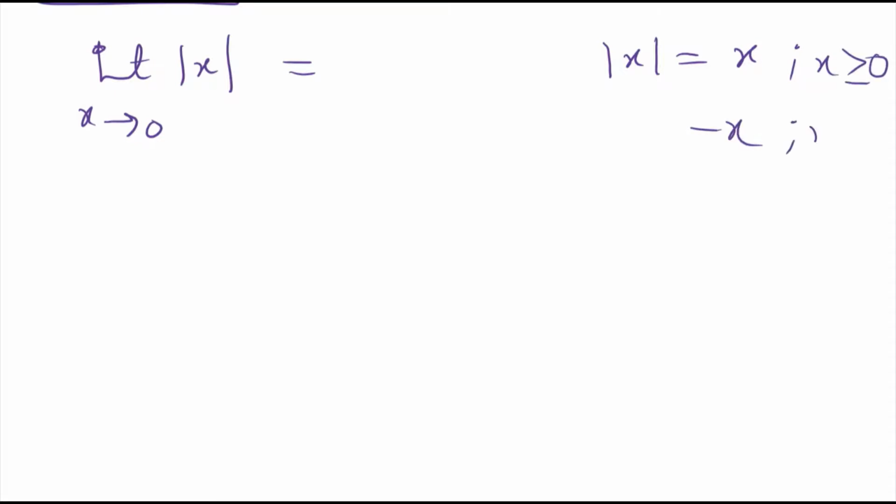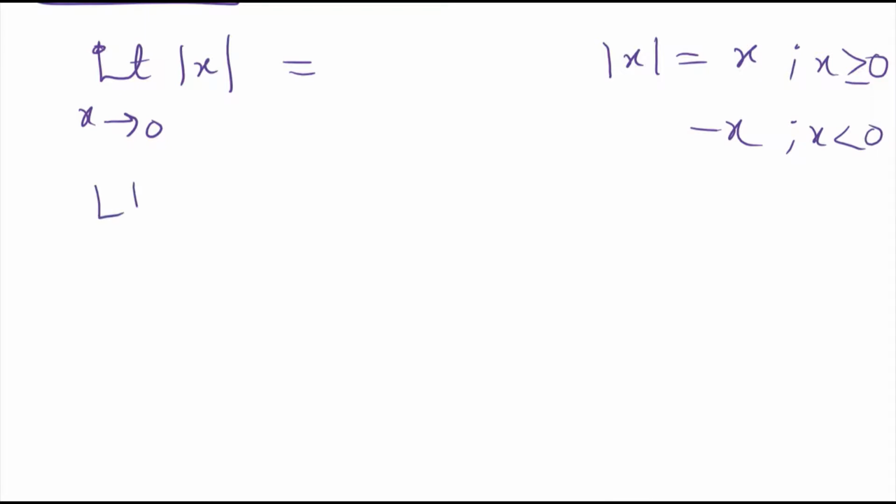Limit x tends to 0 of mod x. We know that mod x equals x for x more than or equal to 0, and mod x equals minus x for x less than 0.